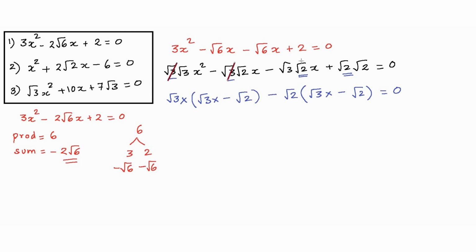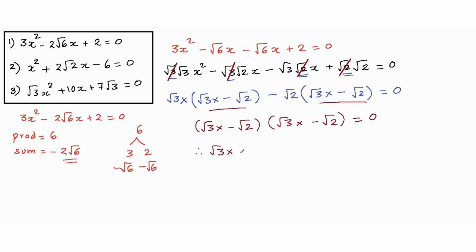Root 3 was taken out as common. Root 2 and root 2 were taken out as common, and 1x was taken out as common from these two terms. Now let's see what is left inside. You will have root 3x minus root 2 common in both the terms. So this is root 3x minus root 2 times root 3x minus root 2 is equal to 0.